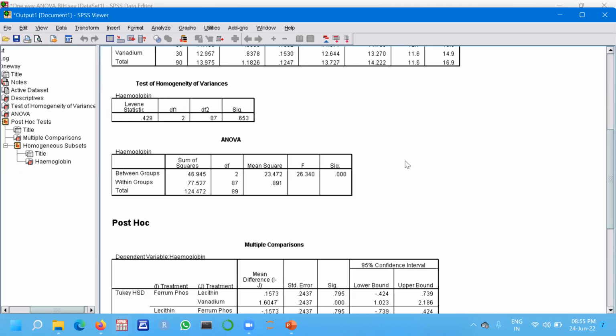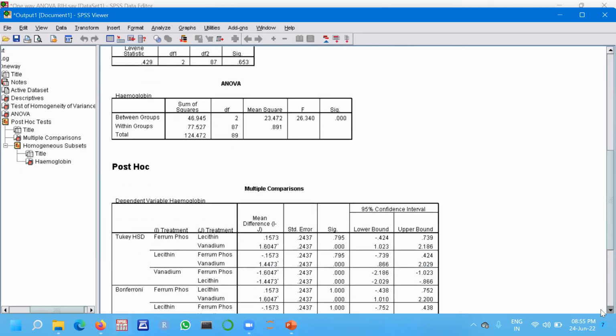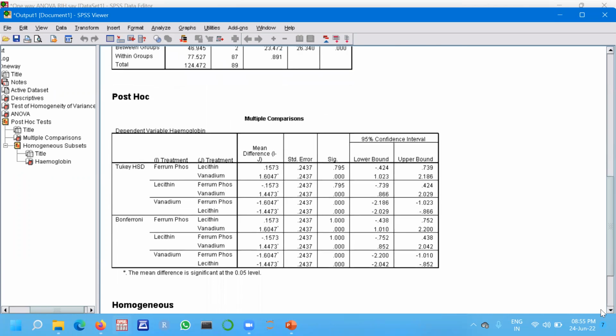When you establish that there is a significant change between the groups, then we have to go for post hoc analysis. What is the purpose of post hoc analysis? Post hoc analysis will tell you which group, or which drug or intervention, is better.